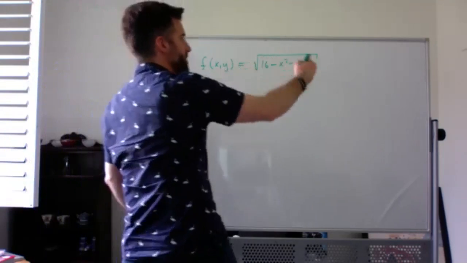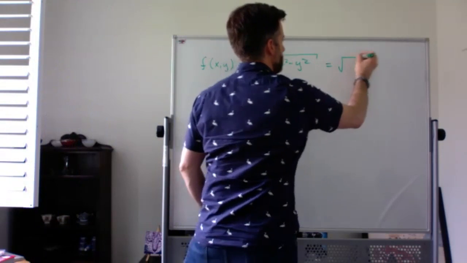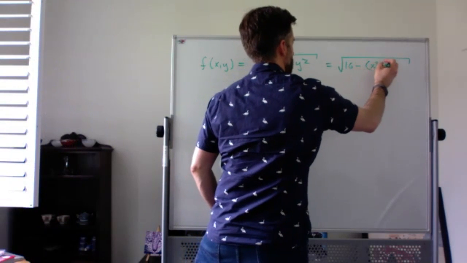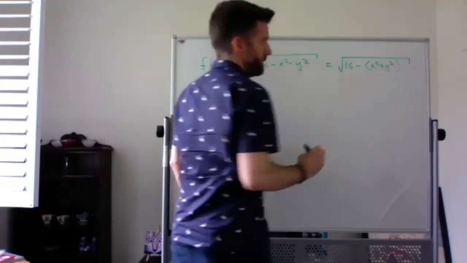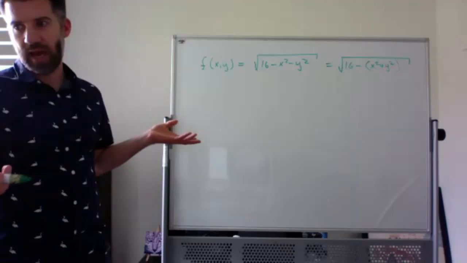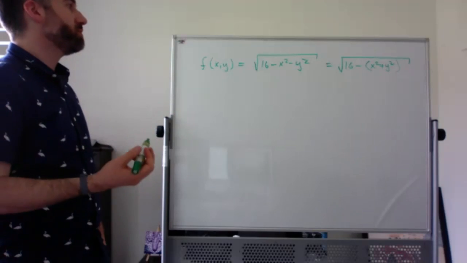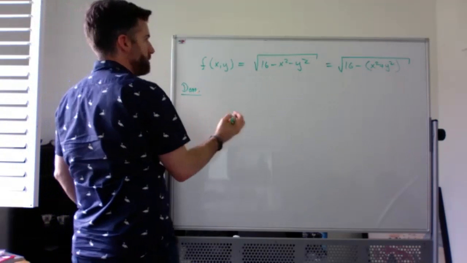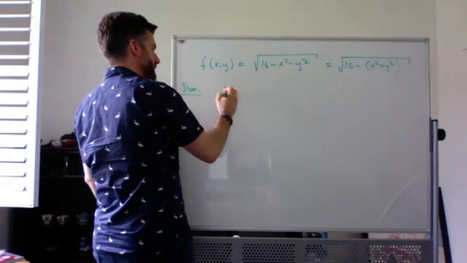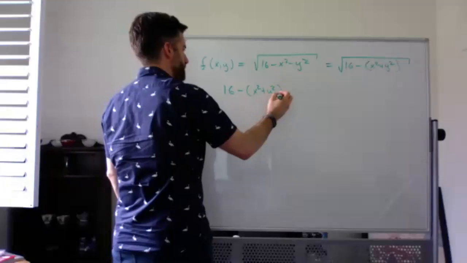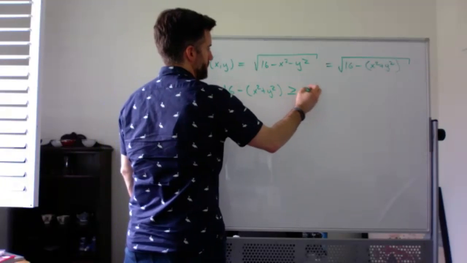Whenever you see this, you really want to think of this as 16 minus x squared plus y squared quantity. We really want those together if we can, if they happen to come out together. So let's find the domain. The domain here, well, I need the insides to be greater than or equal to 0.